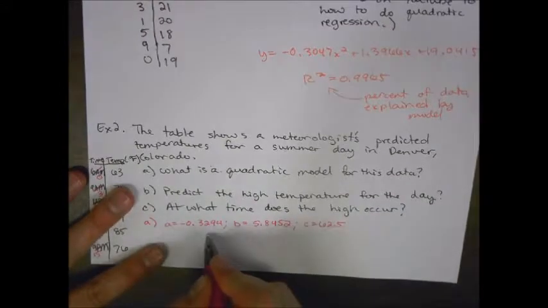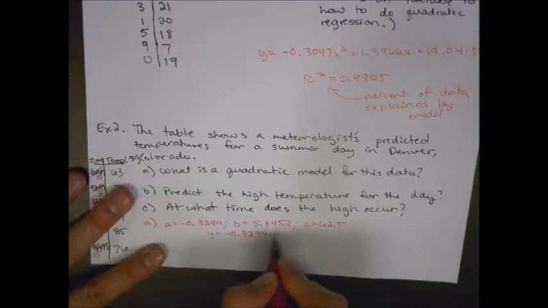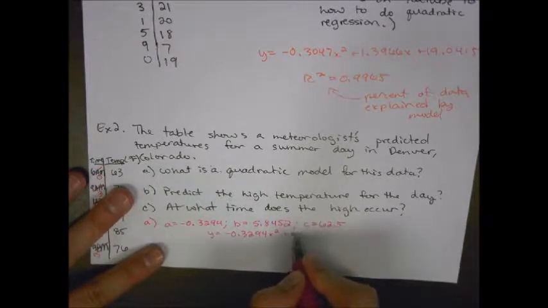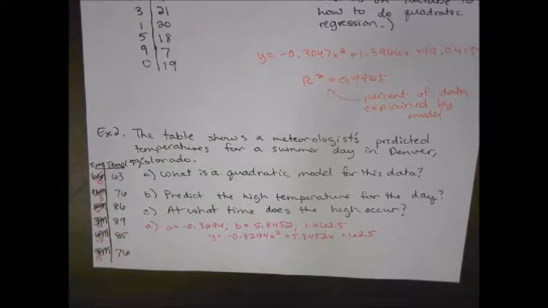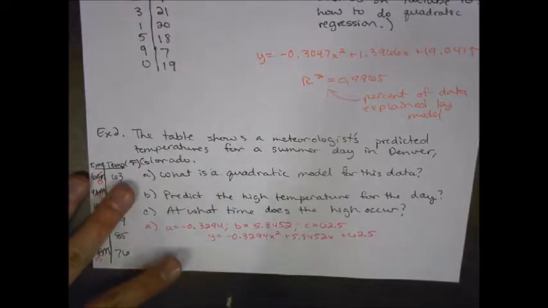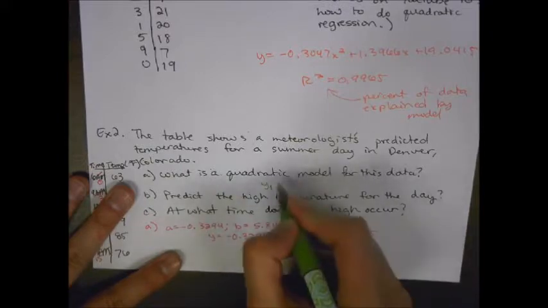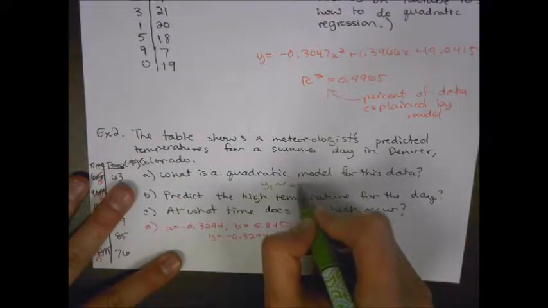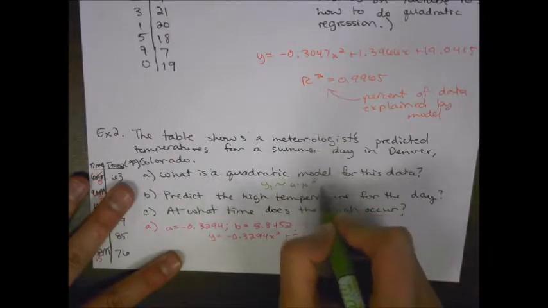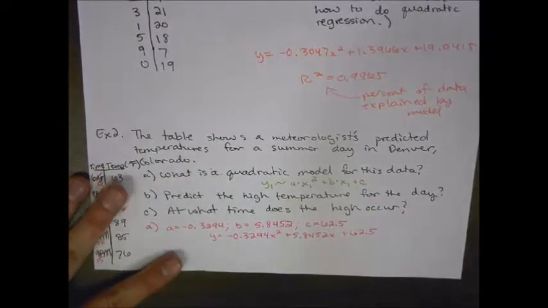So our final answer is y equals negative 0.3294 x squared plus 5.8452 x plus 62.5. Now, I want us to write down, let's go ahead and write it under A, what we typed in to find that. So we typed y1, the little tilde for approximate, A times x1 squared plus B times x1 plus C.